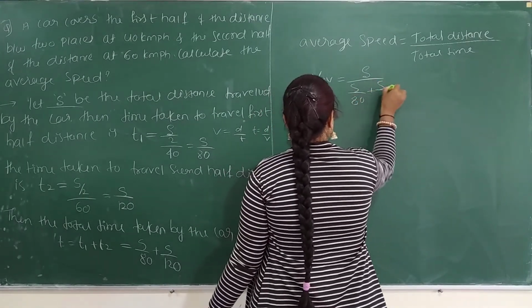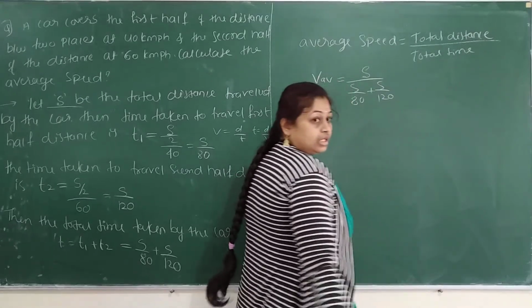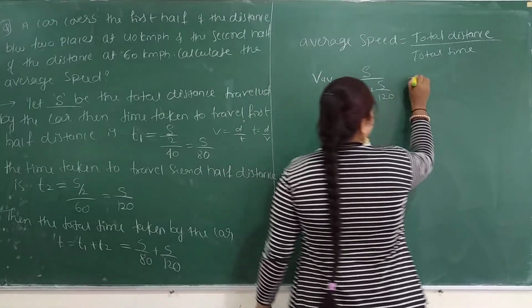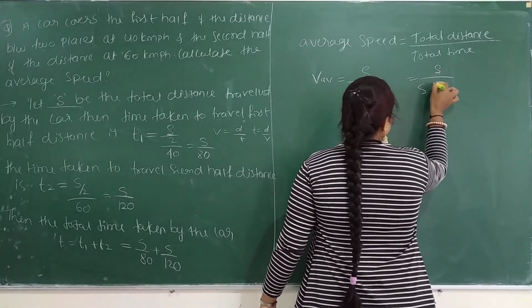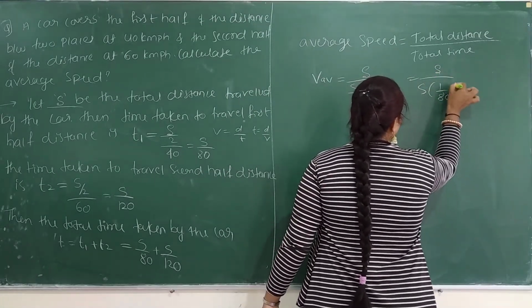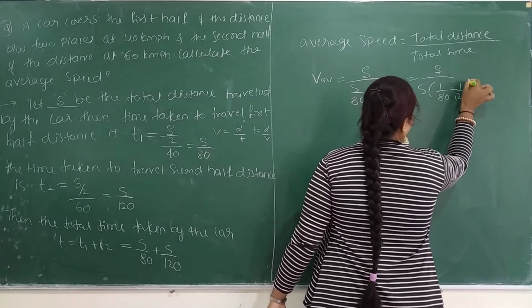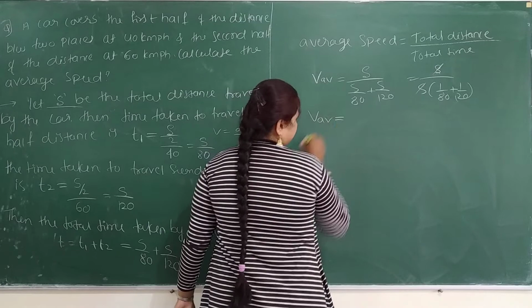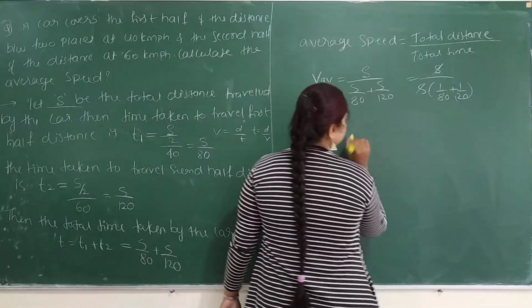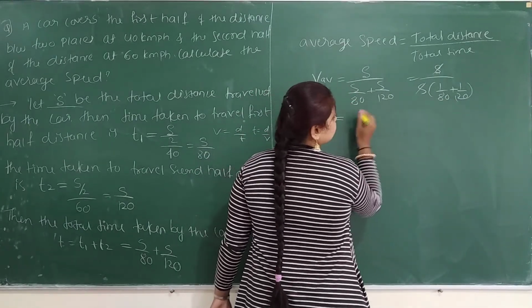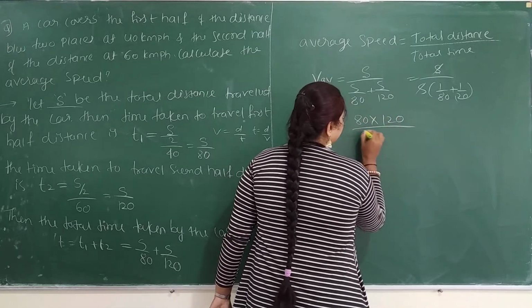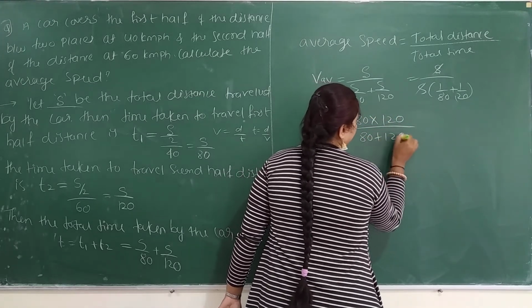Total time is s/80 plus s/120. Now take s common, they will get cancelled. Here s common means 1/80 plus 1/120. S gets cancelled. Then average speed is equal to, take LCM, this will be 80 into 120 divided by 80 plus 120.